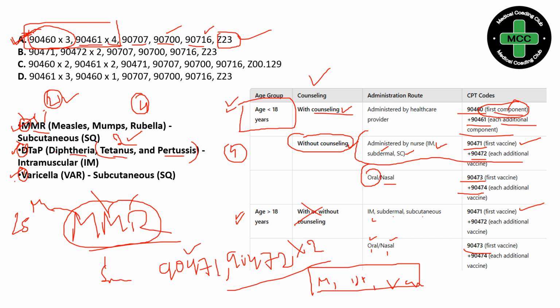For 90471, you should only check the route of administration: intramuscular, subdermal, subcutaneous. If they administer through oral or nasal, then your admin code is 90473 and your add-on code is 90474. This is an advanced level. If you are completely new to the vaccination or immunization topic, you may find it a little hard to understand.